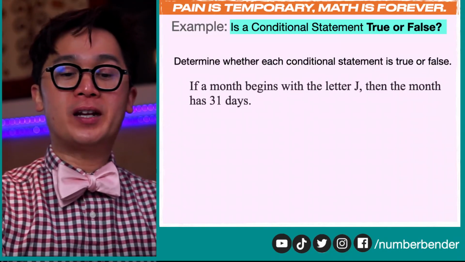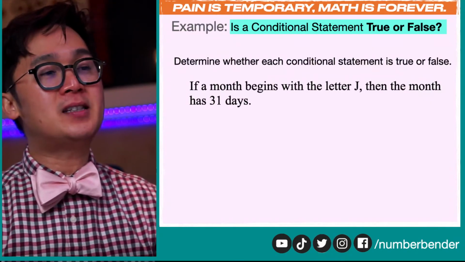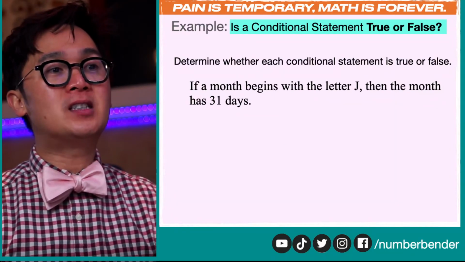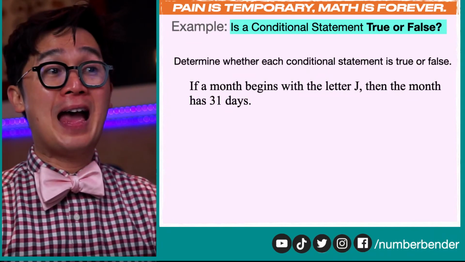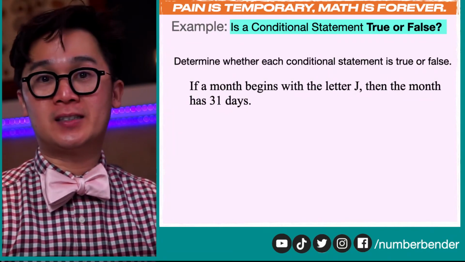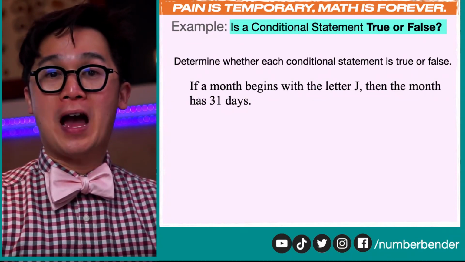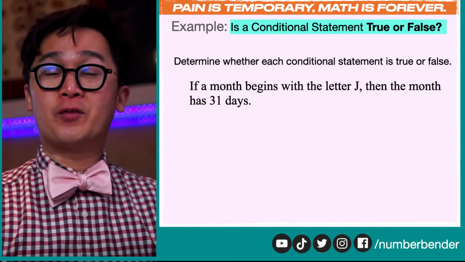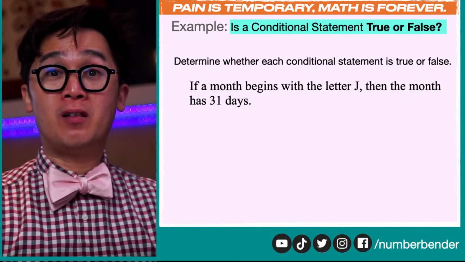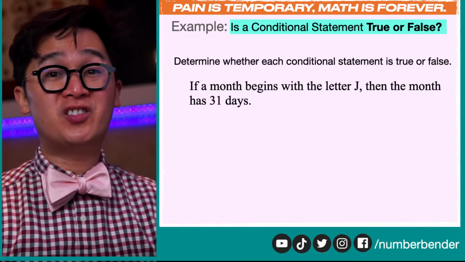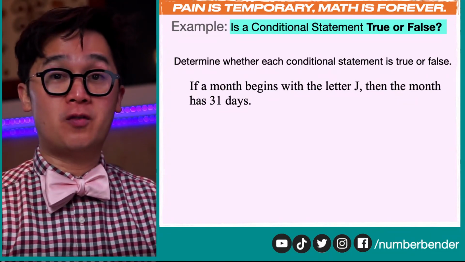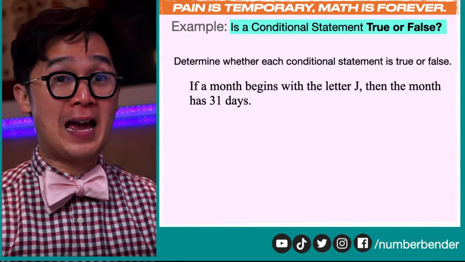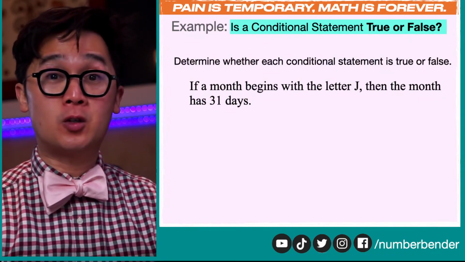So let's have another example: if a month begins with the letter J, then the month has 31 days. According to our rule, if you can come up with a counterexample where the hypothesis is true but the conclusion is false, then this conditional statement is false. Can you think of that counterexample that will make the conclusion false?